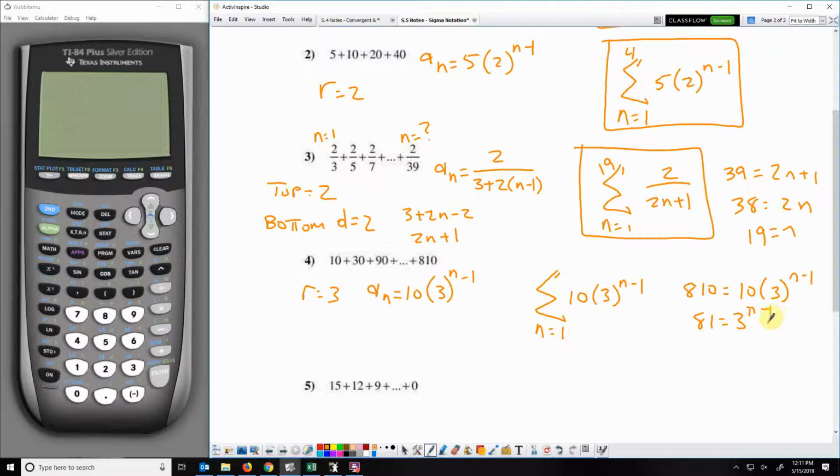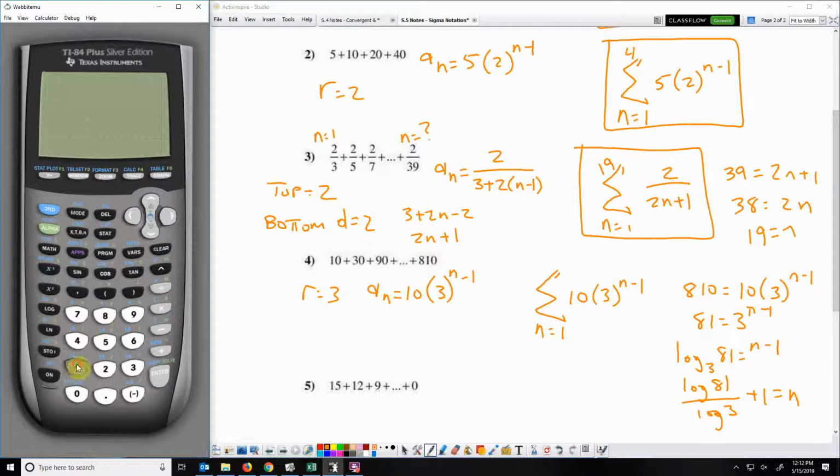From there, I'm kind of stuck unless I go to log form. The base is 3, the argument is 81, the exponent is n minus 1. And if I do log of the argument over log of the base, log 81 over log 3, and then add that 1, I'll find n.